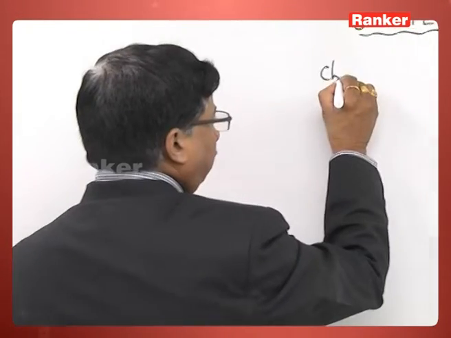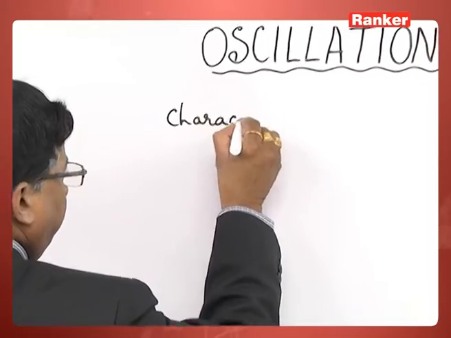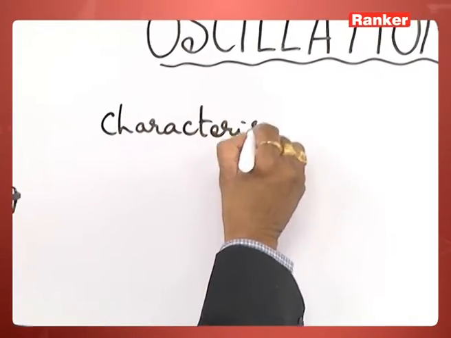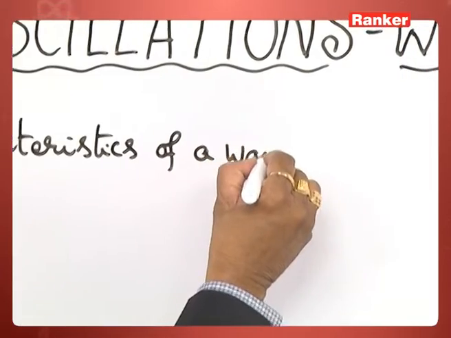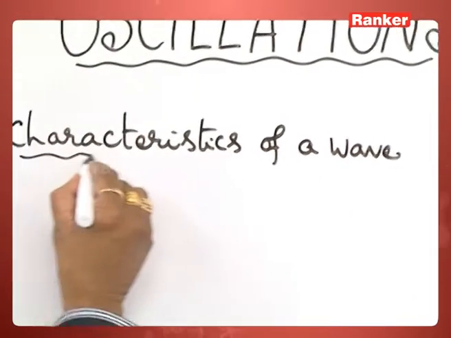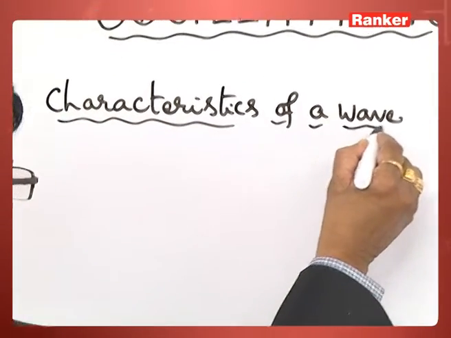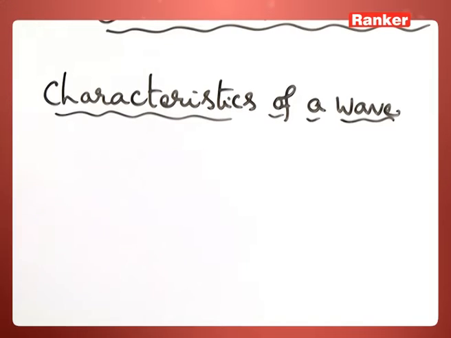The general characteristics of a wave, whenever we consider, mainly on five different aspects we have to focus.